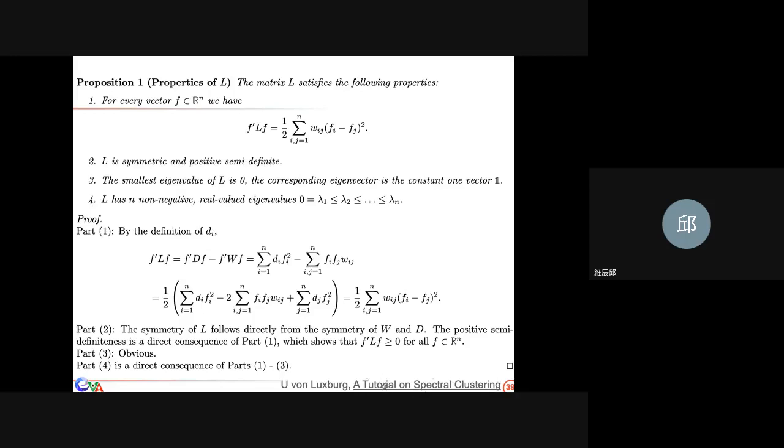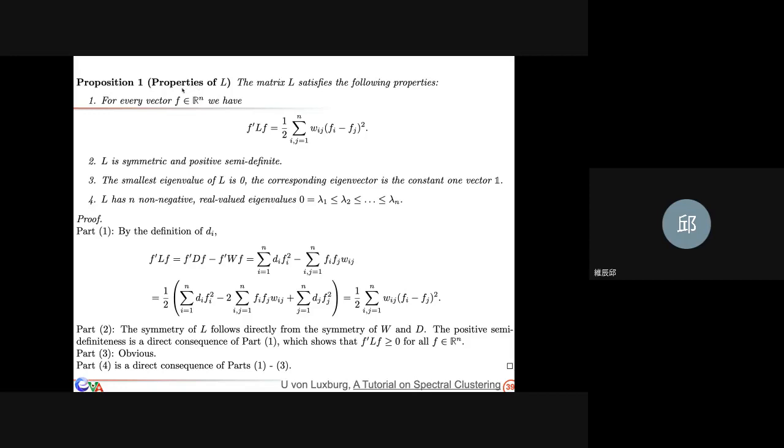You can definitely gain a deeper understanding of spectral clustering. These slides are actually cropped from this tutorial. It is well organized and provides a very detailed description of spectral clustering.